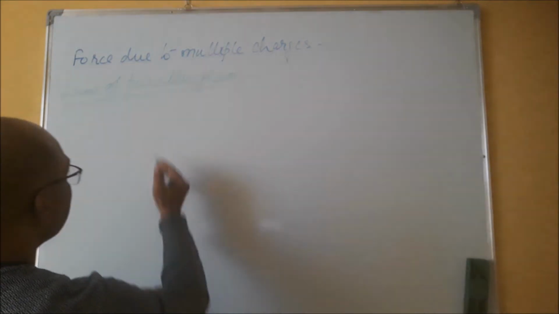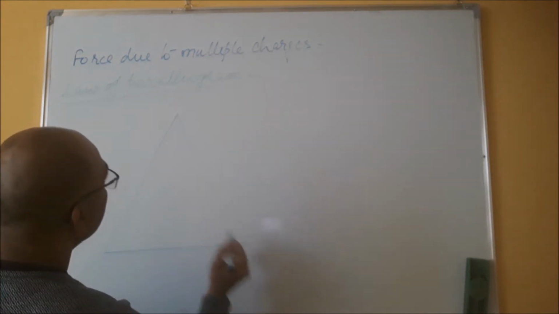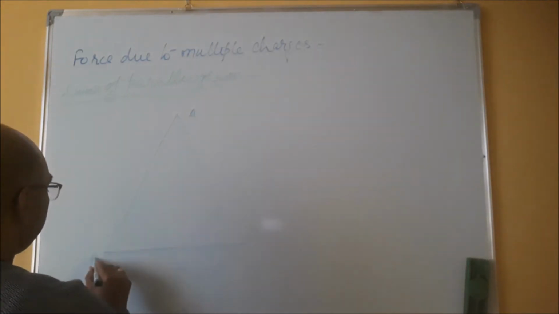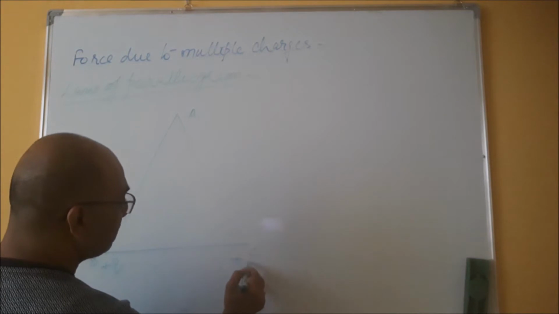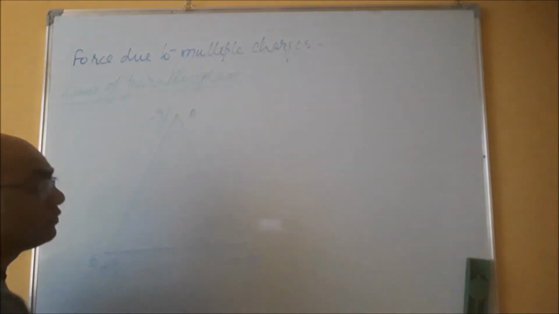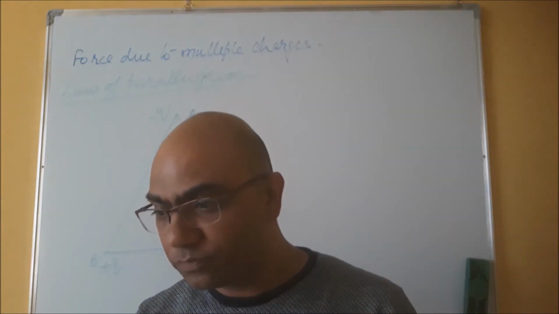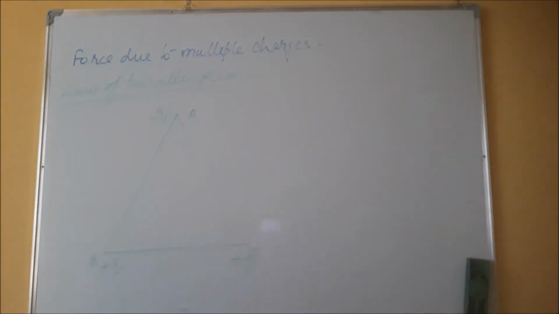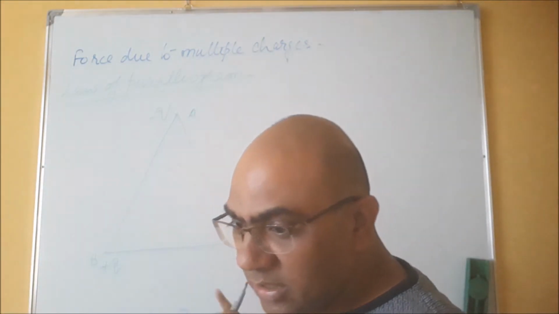I am making a very simple change. The same equilateral triangle I am taking, the vertices are A, B, C. Here the charged particle is plus Q, here the charged particle is plus Q. Now here the charged particle is minus Q. Right? So if it is so, this is negative, this is positive, this is positive.